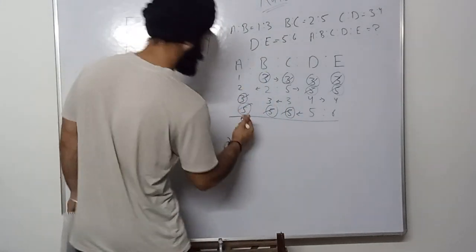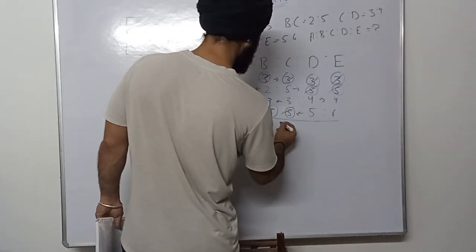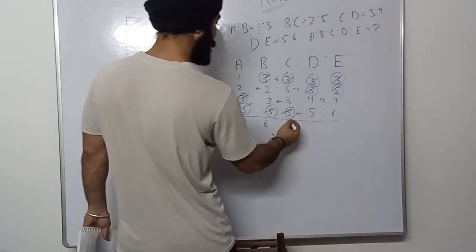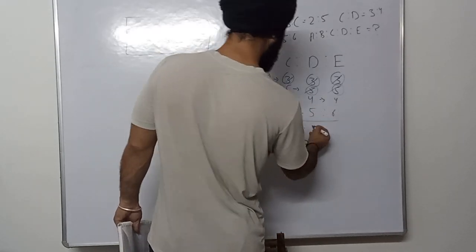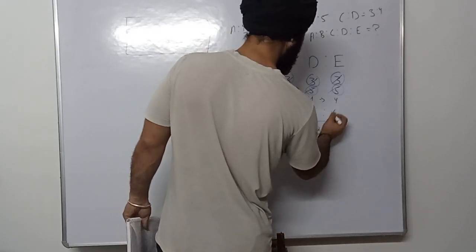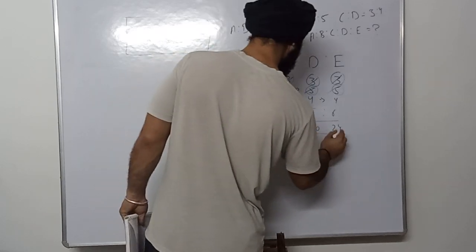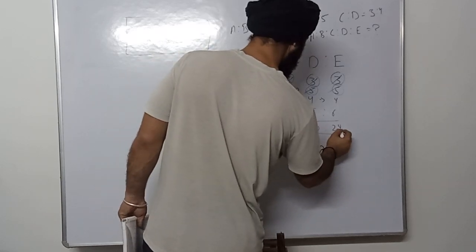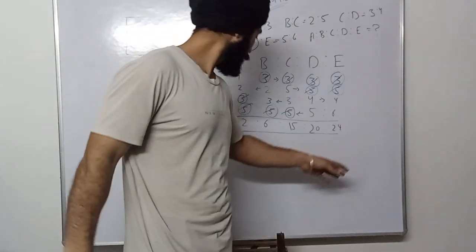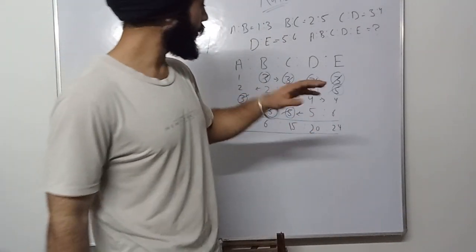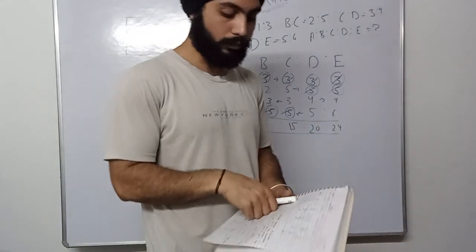So 2 into 1 is 2. 2 into 6, 2 into 3 is 6. 5 into 3 is 15. 5 into 4 is 20. 6 into 4 is 24. This is the final ratio. A ratio B ratio C ratio D ratio E is equal to 2 ratio 6 ratio 15 ratio 20 ratio 24. This is our first question.